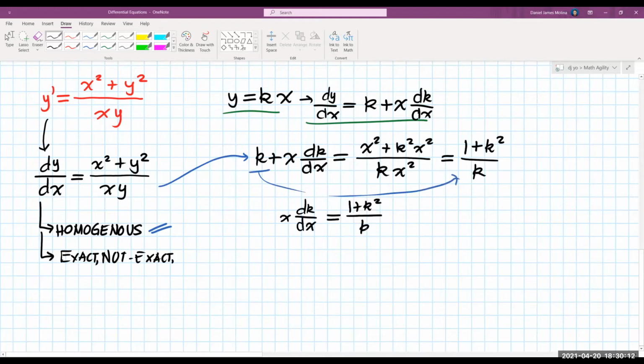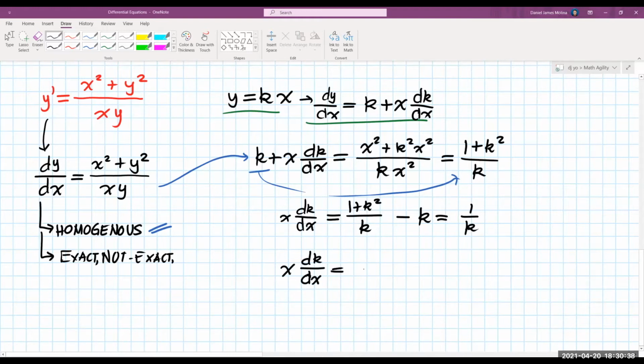But if we try to simplify this using our algebra, this is actually 1 over k. So we will write the equation x dk over dx that is equal to 1 over x.